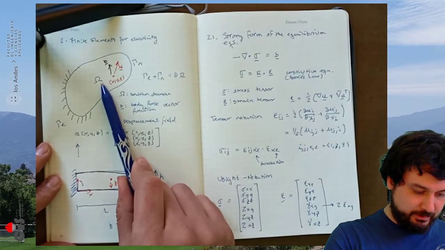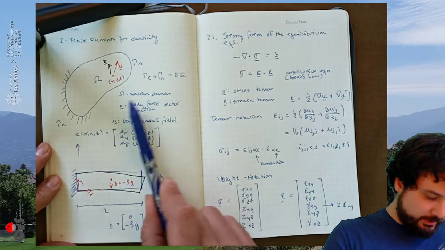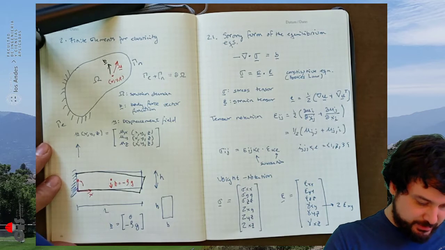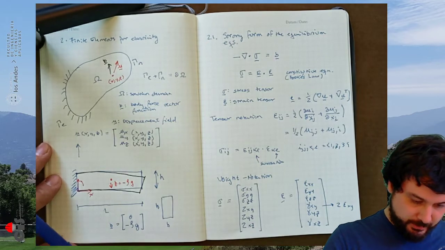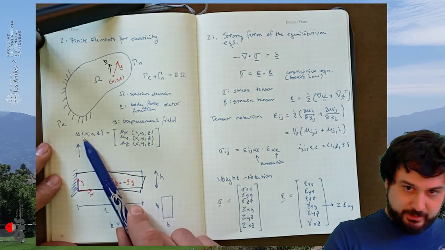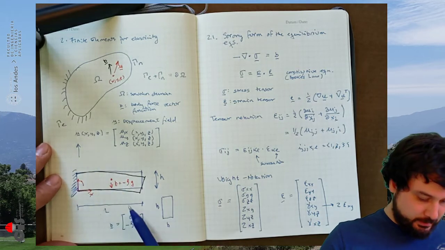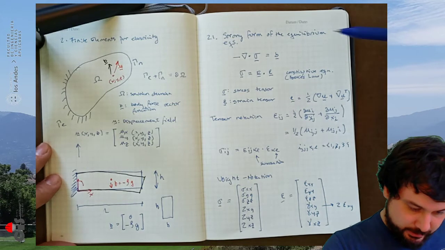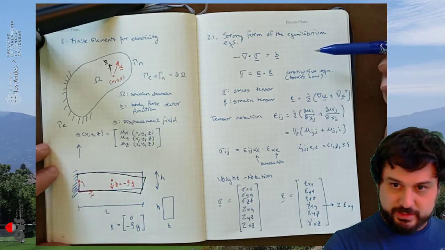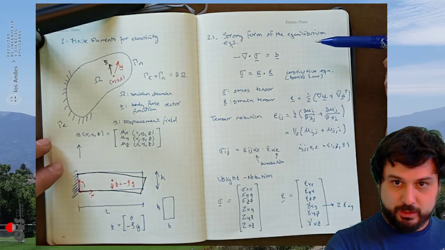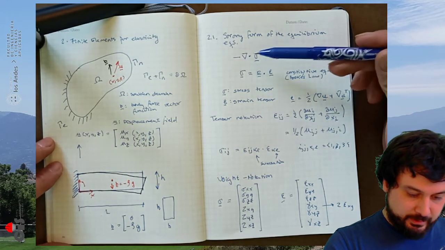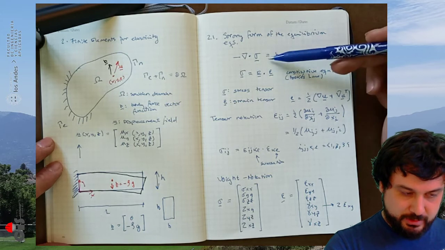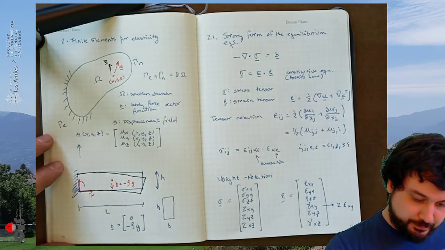So we have a domain given by omega, and we distinguish two boundaries, the essential boundary and the natural boundary. We haven't talked too much about those till now. We identified the displacement field, and a short example of what that would look like. And then we're now moving into stating the equation that controls equilibrium. So that's going to be minus the divergence of the stress tensor equal to the body force vector.